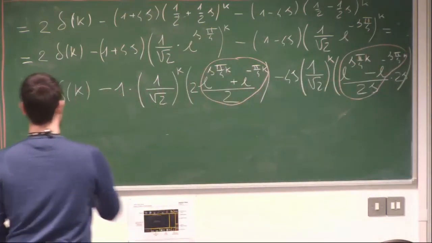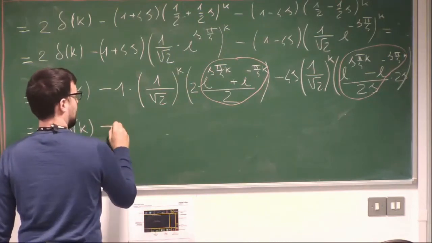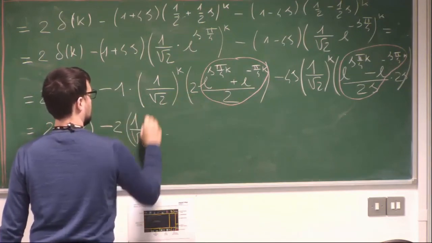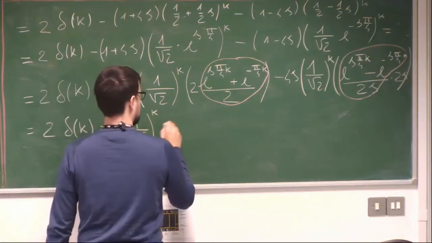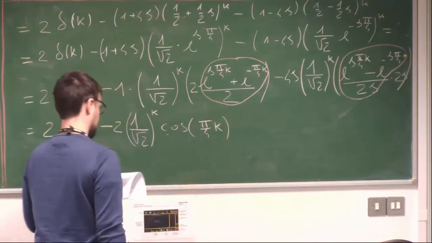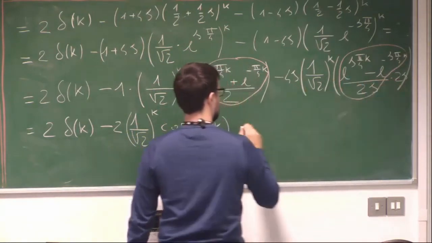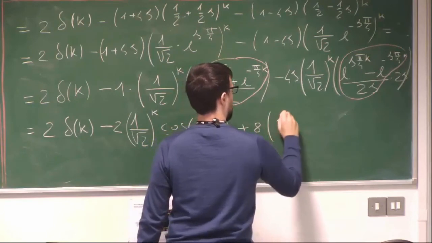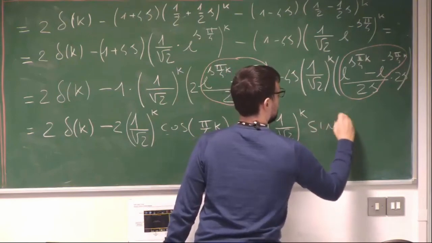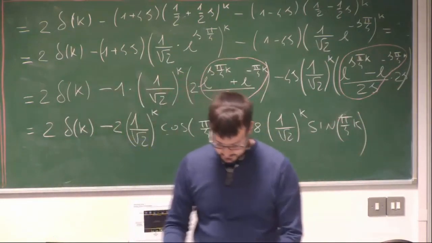So we can write this as 2 delta k, minus 2 times 1 over square root of 2 to the power k times the cosine of pi over 4 k. And here we have minus 4j times 2j, so it's plus 8, 1 over square root of 2 to the power k, sine of pi over 4 k. And this is the expression that you have on the slide.